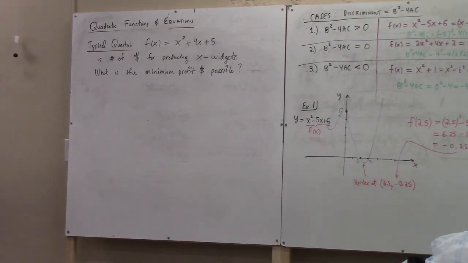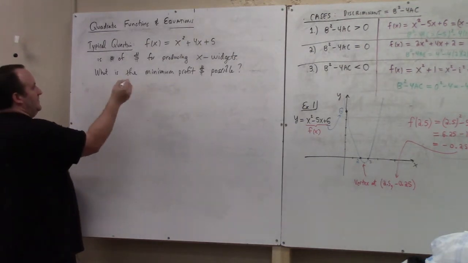It's kind of like that, or it could be if you had a model where the coefficient was negative instead. In all of my examples, the parabolas have been opening up, right? If the coefficient of x squared was negative, it opens down. I probably should do an example like that.